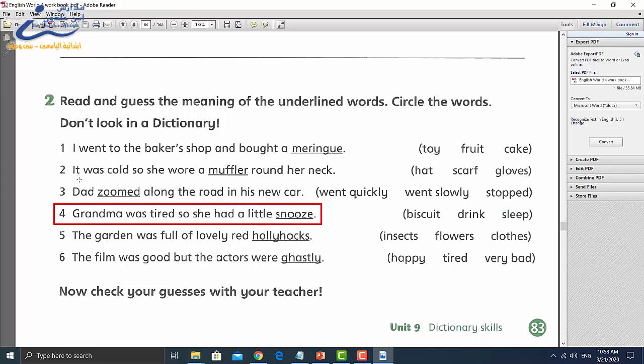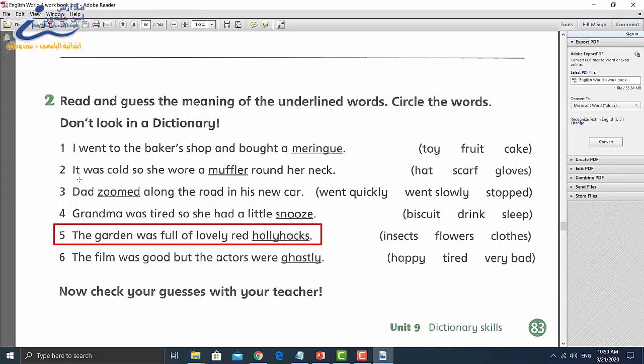Number 4. Grandma was tired, so she had a little snooze. What's meant by snooze? Yes, it won't be biscuit, it won't be drink. Yes, it's sleep. Number 5. The garden was full of lovely red hollyhocks. What's meant by hollyhocks?